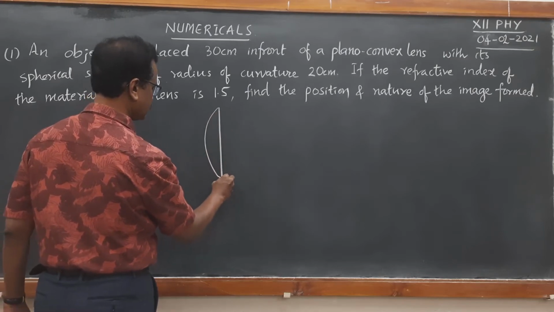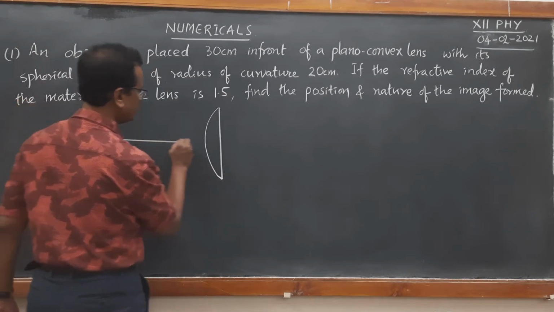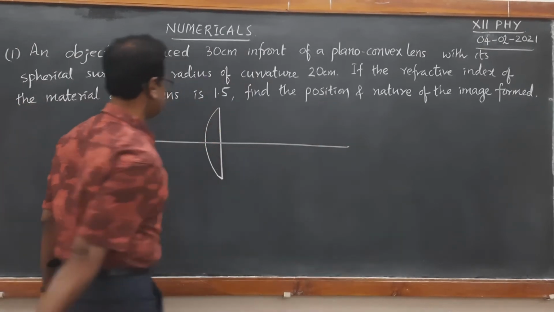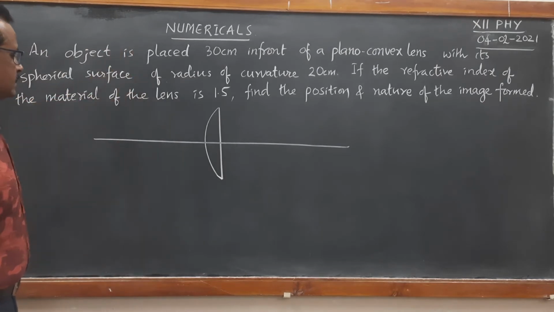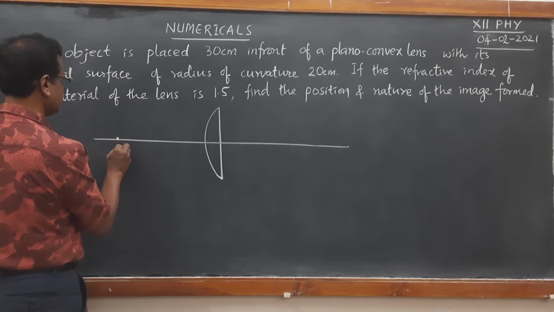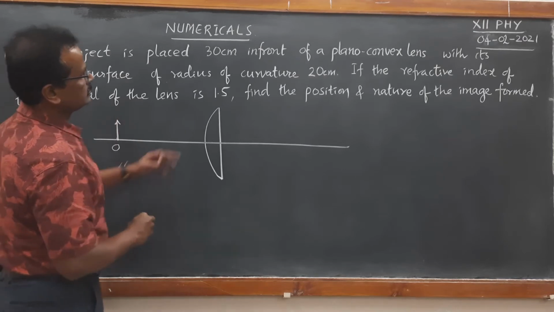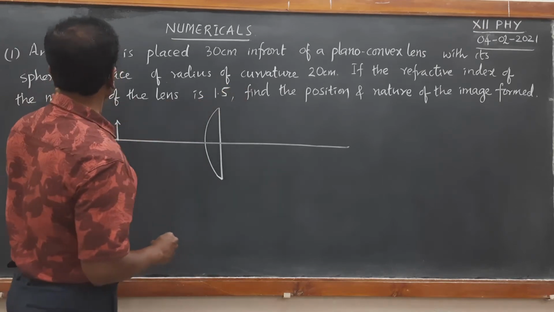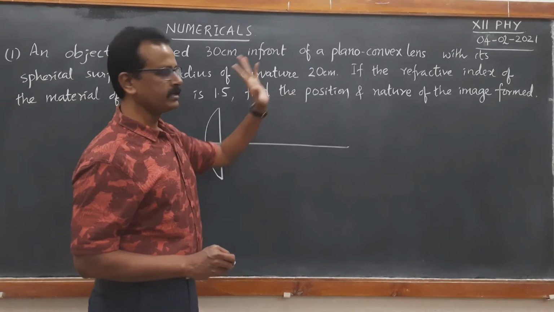Okay, and you have to draw a principal axis, and the position of the object is at 30 cm. Just roughly you draw 30 cm. This is the position of object, right? And now the spherical surface has a radius of curvature 20 cm.